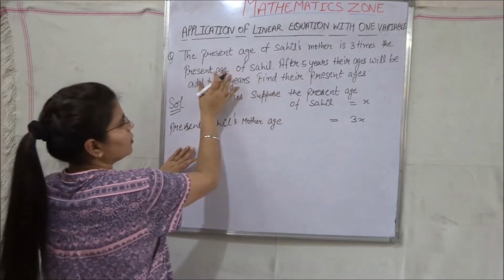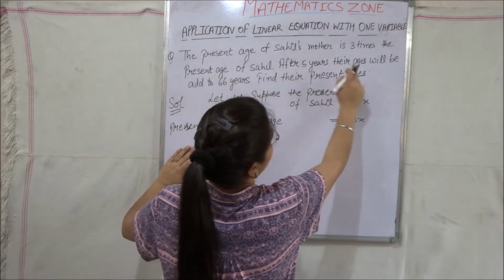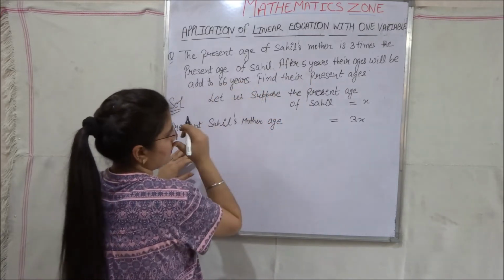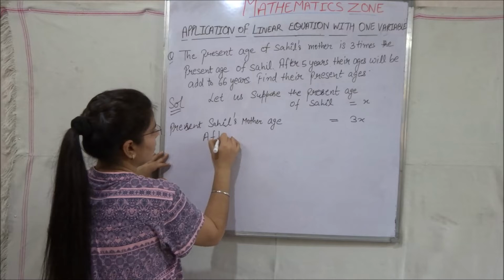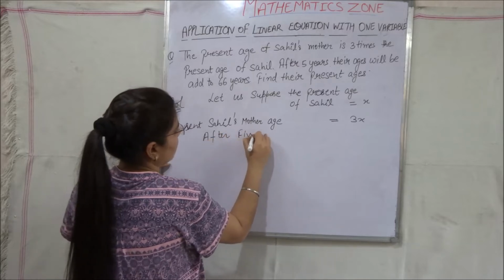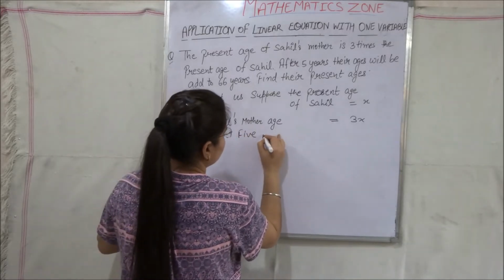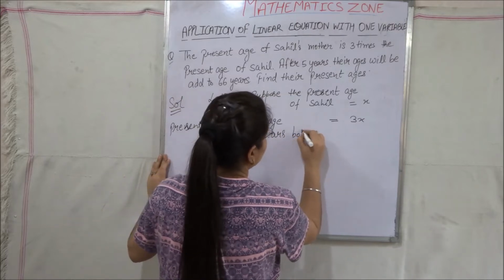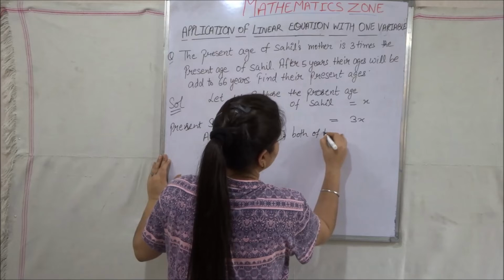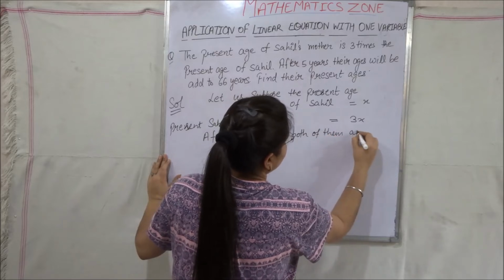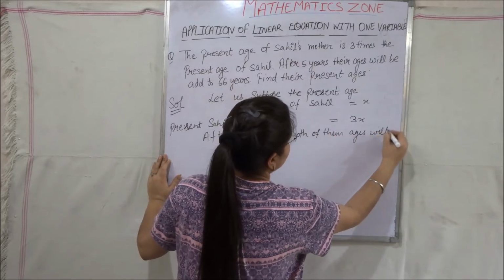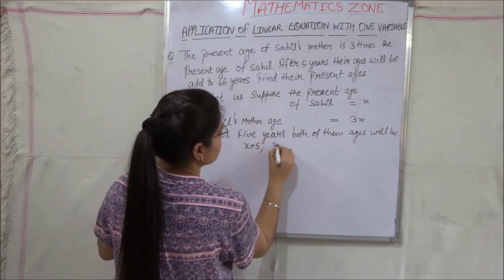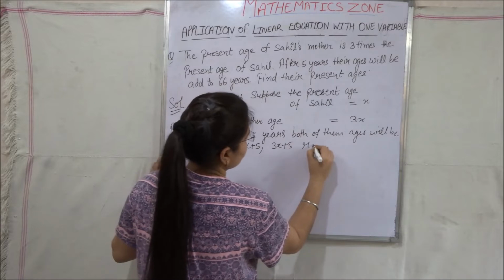Now according to the condition, after 5 years the sum of their ages will be 66 years. After 5 years, both of their ages will be x plus 5 and 3x plus 5 respectively.